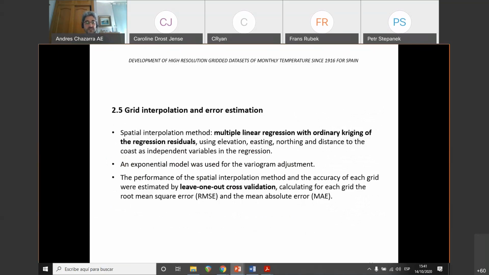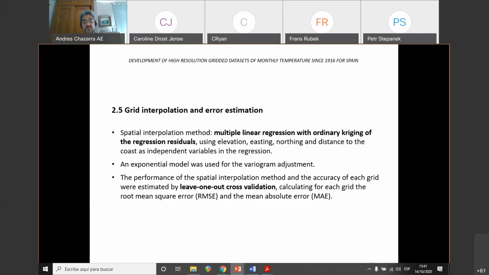Regarding the grid interpolation, the method that we used for the spatial interpolation was the habitual method in the Spanish meteorological agency for climate interpolation, that is, multiple linear regression with ordinary kriging of the regression residuals, and we used elevation, distance, northing, and distance to the coast as independent variables.